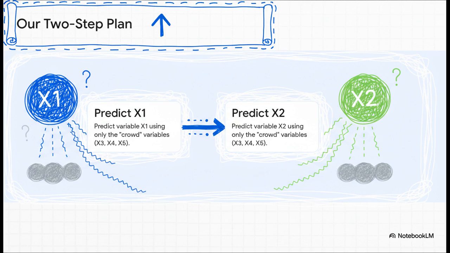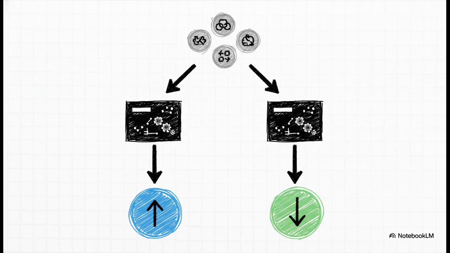Then, we're going to turn around and do the exact same thing for X2, using that very same crowd. So what this means is we're building two totally separate prediction machines. Machine number 1 gets fed all that crowd data, and its only job is to spit out the best possible guess for X1. Machine number 2 gets the same crowd data, but its job is to spit out a guess for X2, two separate missions.